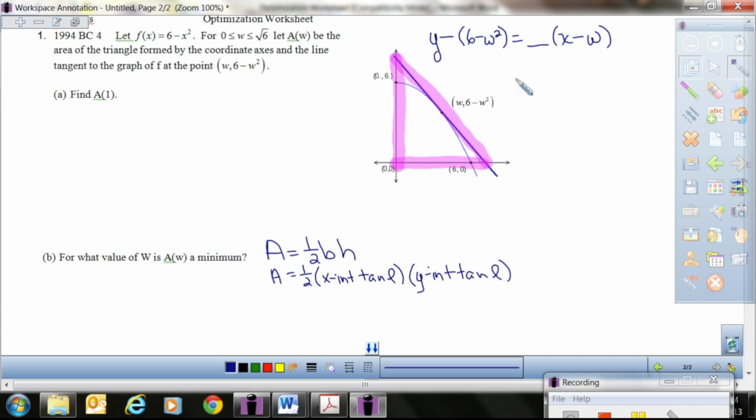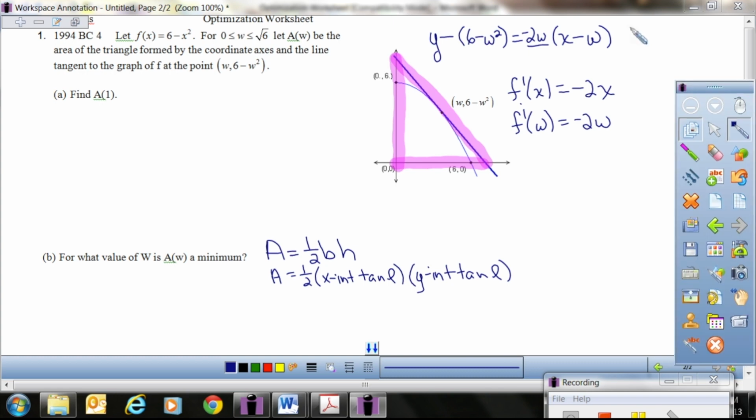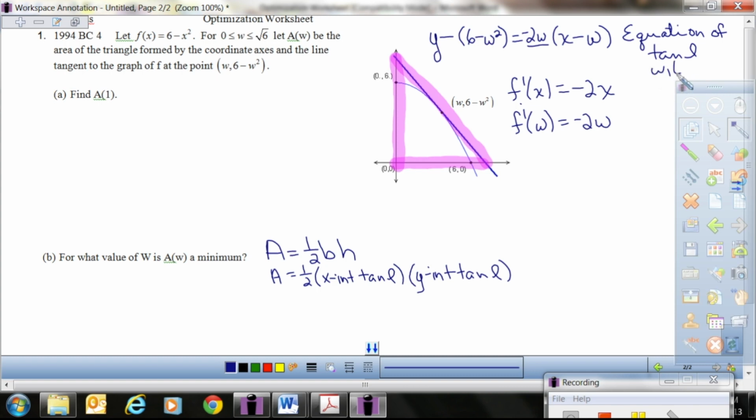So I'm going to take the derivative of my function. f prime of x is equal to negative 2x. We don't want it at any point, we want it at this point of tangency, so I really want the slope at w. So this is the equation of the tangent line, at w, 6 minus w squared.